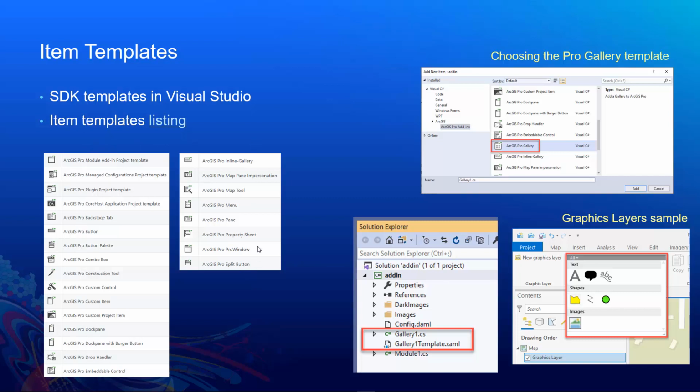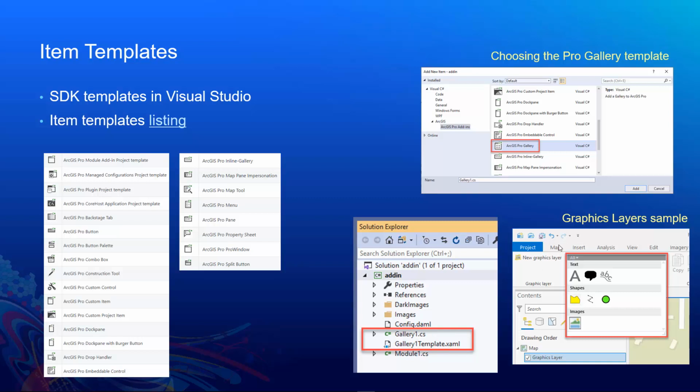Let's take a look at how you would add one. You'd have your solution open and you would just right click and go to add new item here in the Solution Explorer. That would pop open this add new item dialog. And if you're choosing, say, for example, the gallery item, that then would add the two files that you see here.